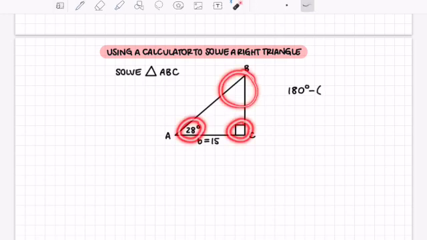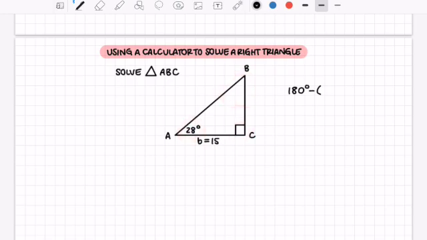That should help me figure out what the degree is over there. So 28 degrees plus 90 degrees, that's going to equal 262 degrees. So that should be how many degrees I have left over in my triangle right here.